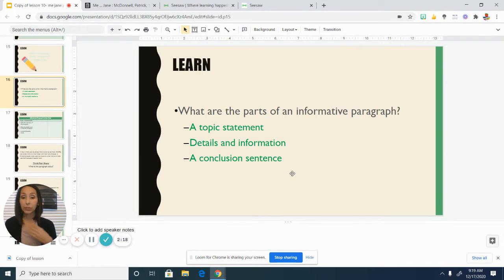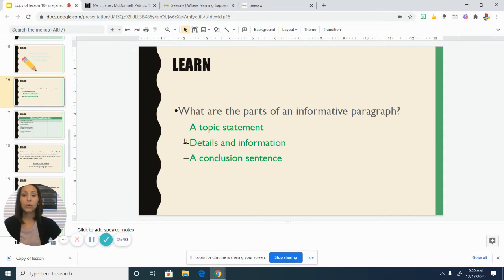But as writers, knowing these parts helps us just as much to organize our writing and the information in a way that helps our readers understand. So, as both a reader and a writer, learning about informative paragraphs is important.